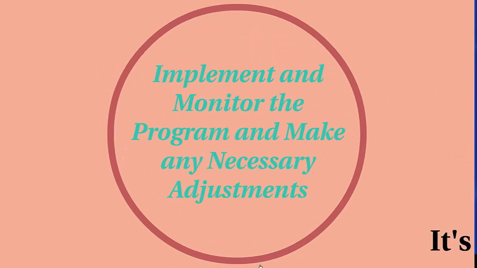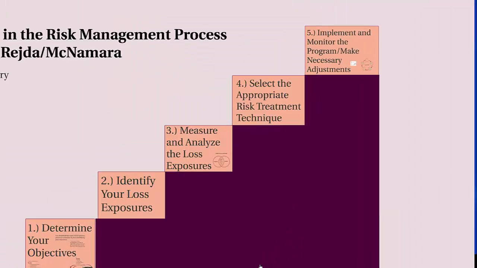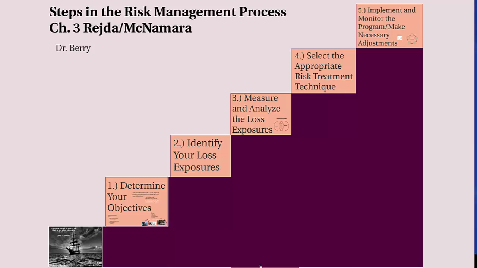And you go back and implement and monitor the program and make necessary adjustments. Maybe the program that you chose hasn't worked so well. So you might make adjustments because your risks have changed, or you might make adjustments because your risk management approach didn't turn out as you expected. And that's the end of our discussion of steps in the risk management process.